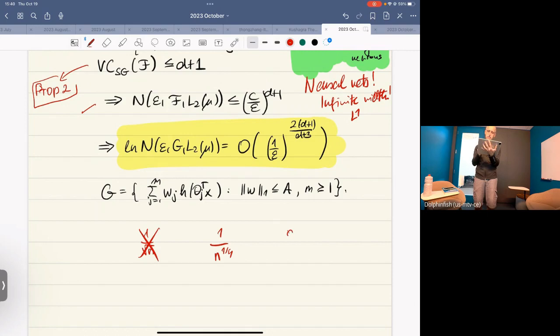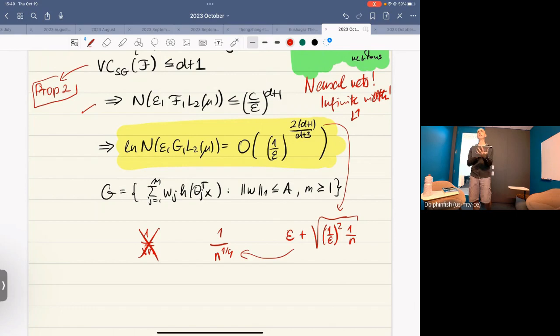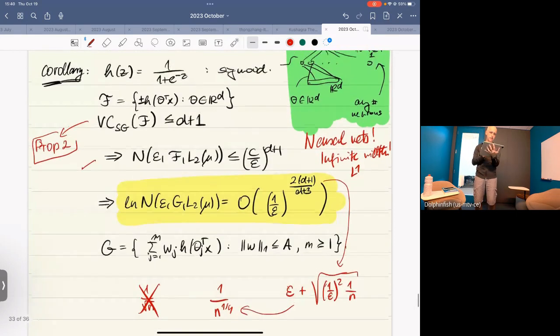You get that by trying to balance an expression like this, where the 1 over epsilon squared is coming from here, and 1 over n. If you calculate what epsilon optimizes this, you will get a rate like that. So this is what we are working towards.